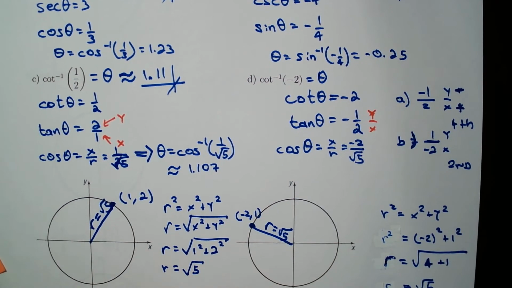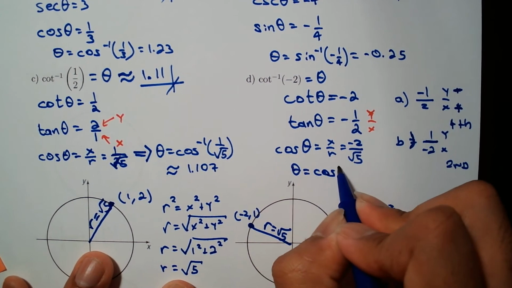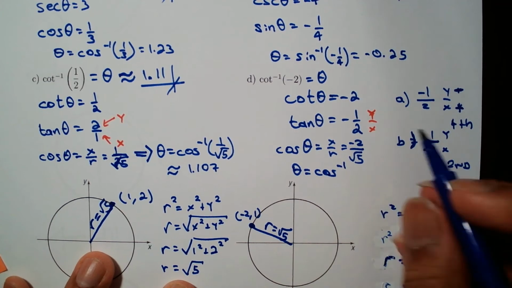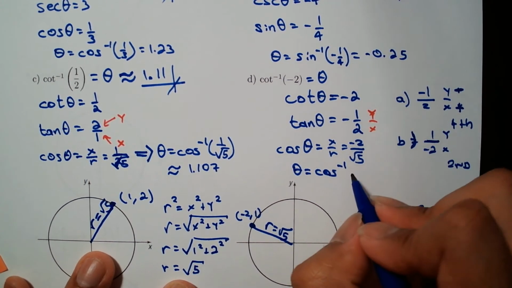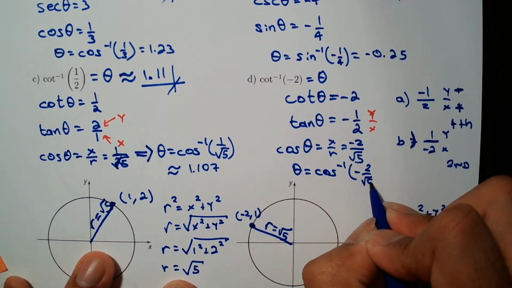So to obtain the final answer, theta then will be cosine inverse of -2 over root of 5.